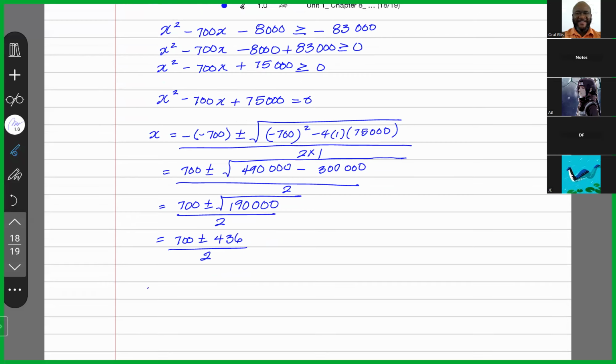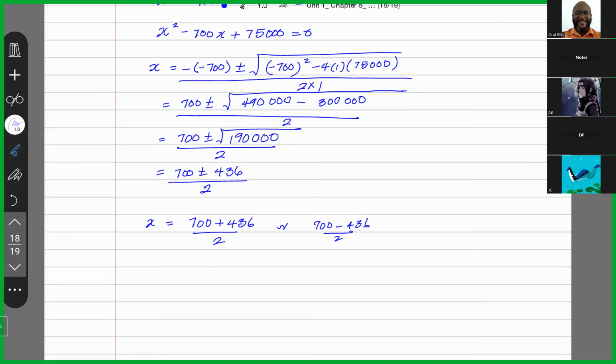So x would be equal to 700 plus 436 over 2, or 700 minus 436 over 2.